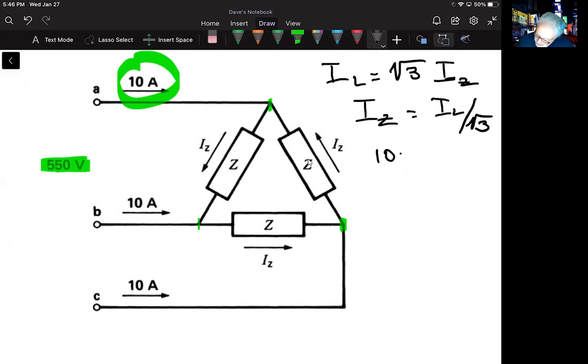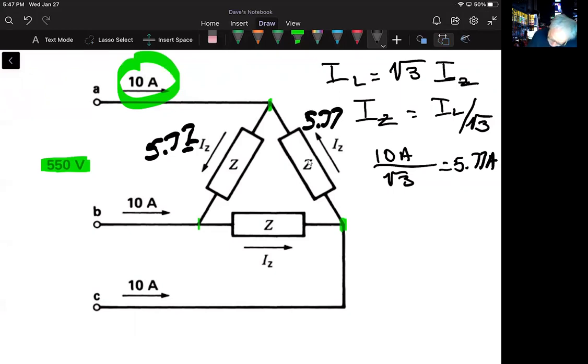The line current is 10 amps divided by the square root of 3, and it comes out to approximately 5.77 amps.